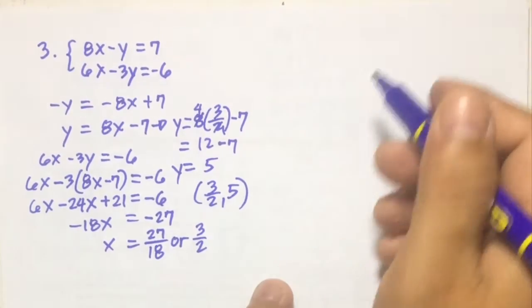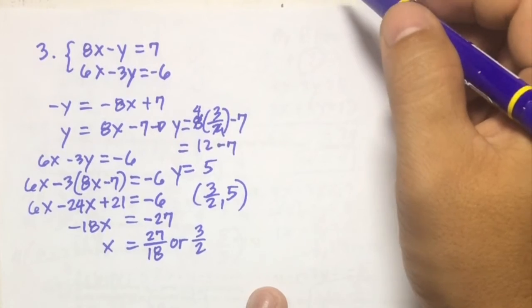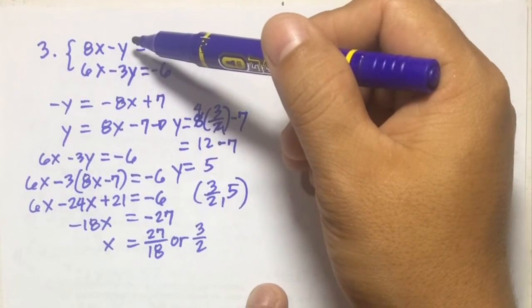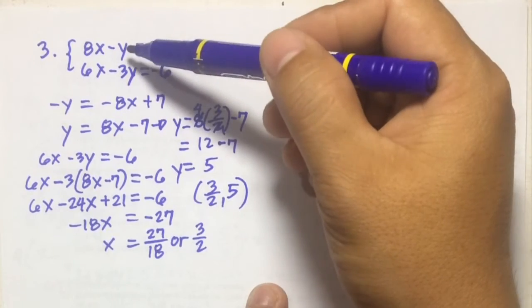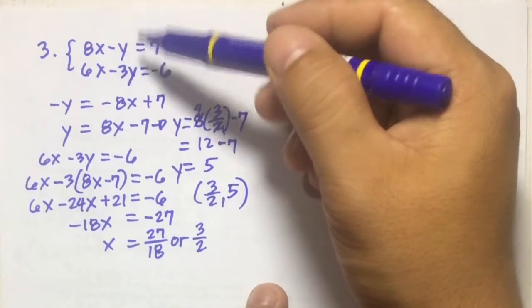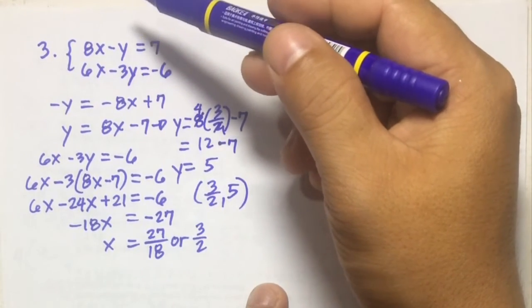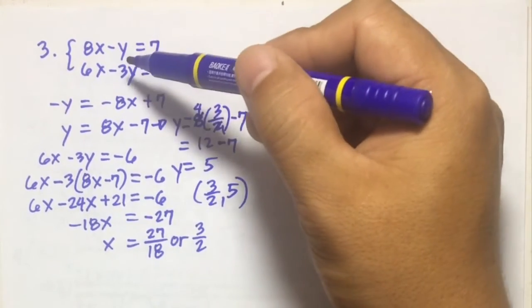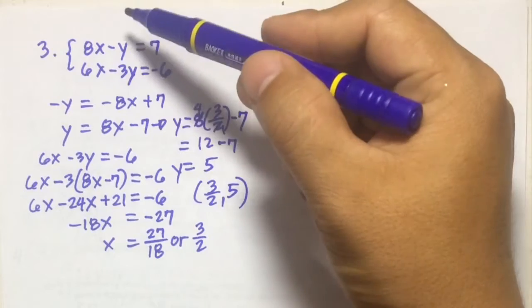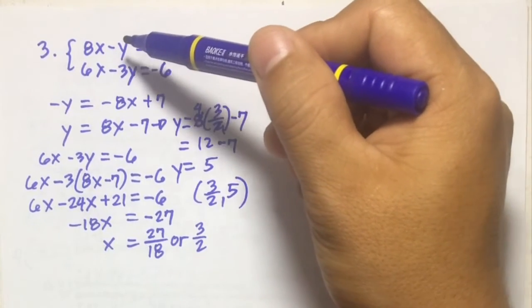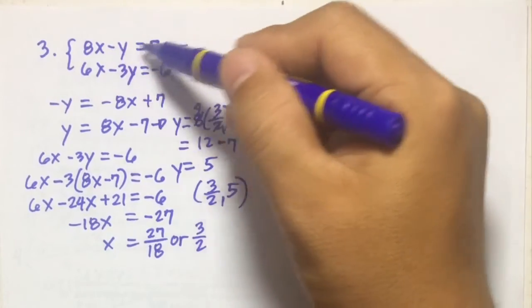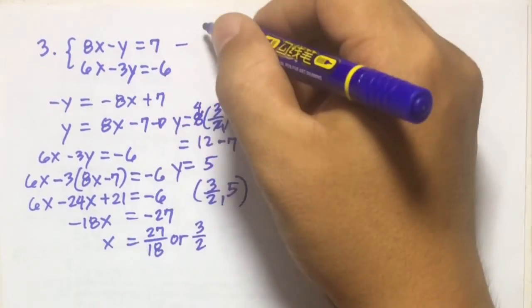Then by elimination method, in here we cannot have a variable with the same numerical coefficient. So what we're going to do is we're going to select which variable we are going to eliminate. Now if we're going to eliminate y, we need to multiply equation 1. So we're going to multiply this equation with 3.